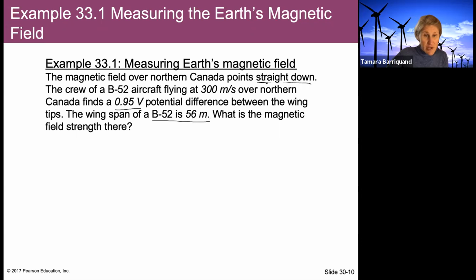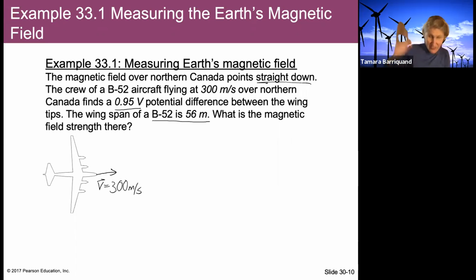Well, first let's draw our picture. There's our B-52. And we know that it is flying with a velocity moving forward, V equals 300 meters per second, and that the magnetic field points straight down. So if we're looking down on our B-52, we see that we have a magnetic field pointing straight down.